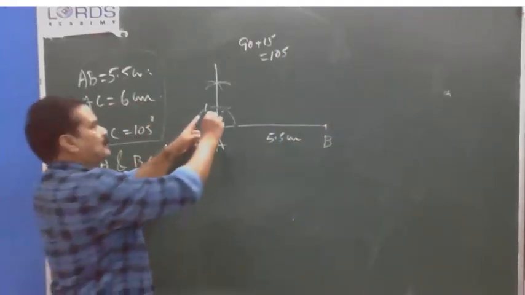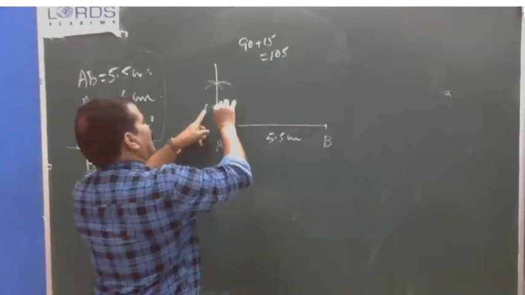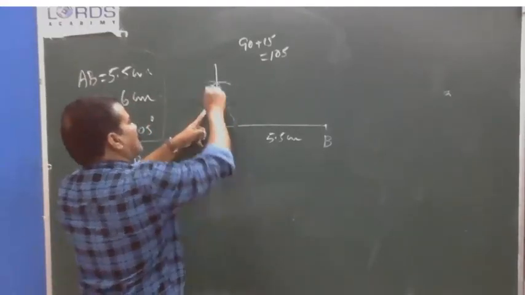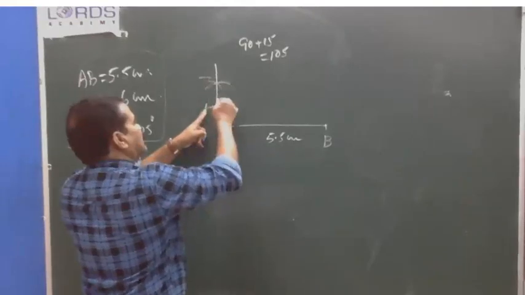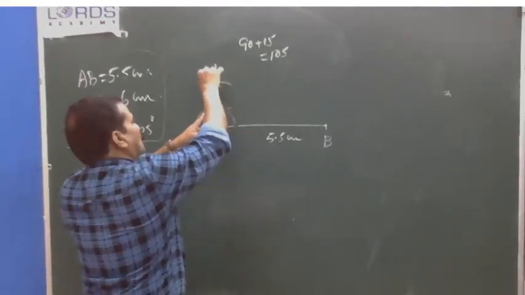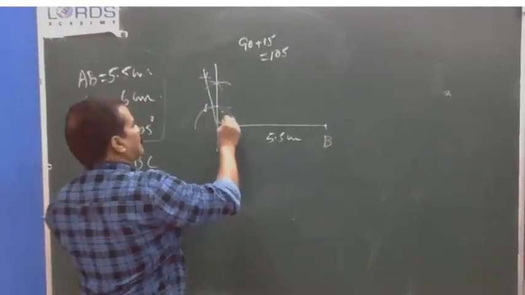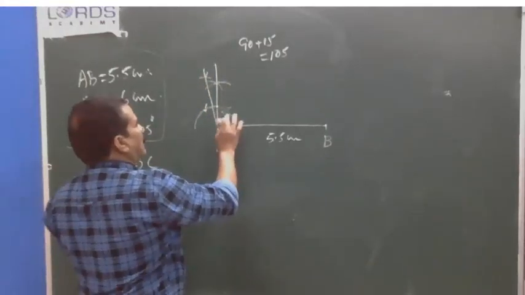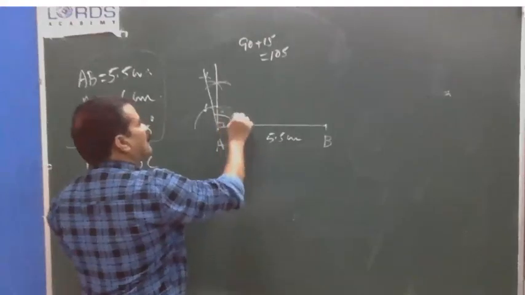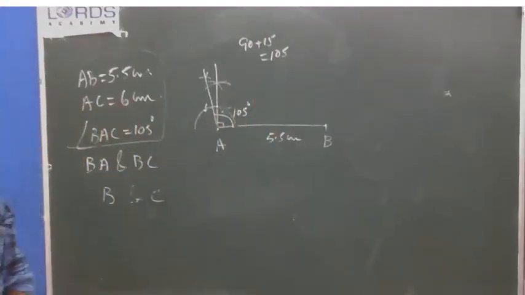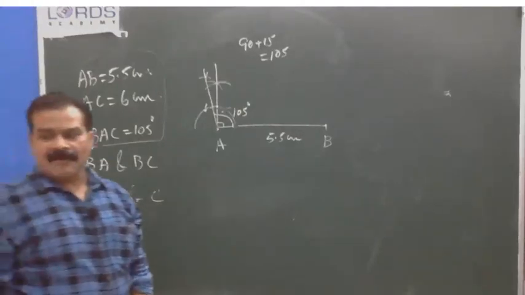So this is the bisector of this angle. Take this as a center and join it. Now you will get the 105 degree.